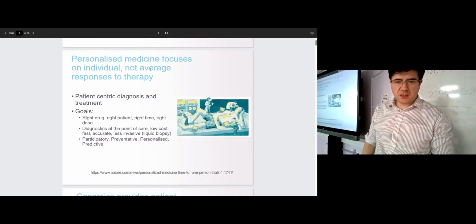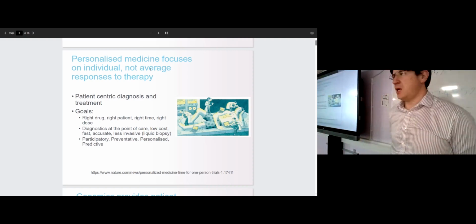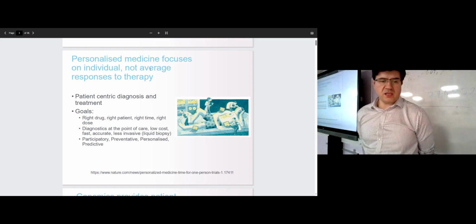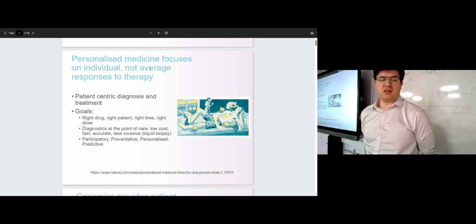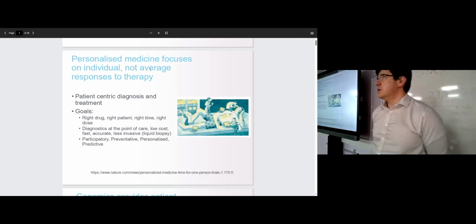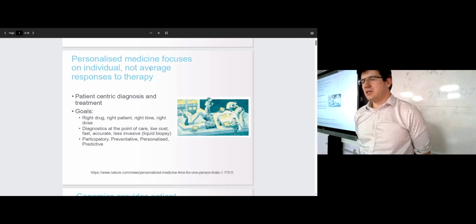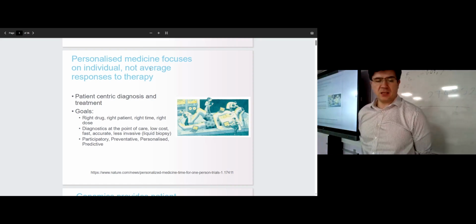So for the purposes of this session, personalized medicine and precision medicine are going to be the same. This idea revolves around wanting much more specific, targeted diagnostics and treatments, rather than every patient that has Alzheimer's disease getting the same treatment and the same diagnosis. Now we want to go into the specific characteristics that each patient has.